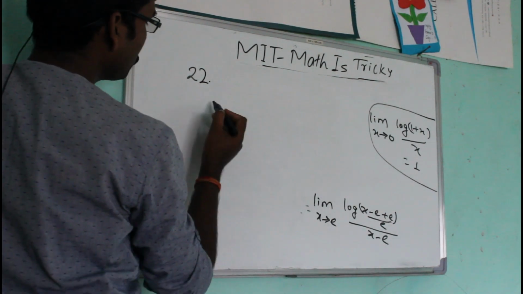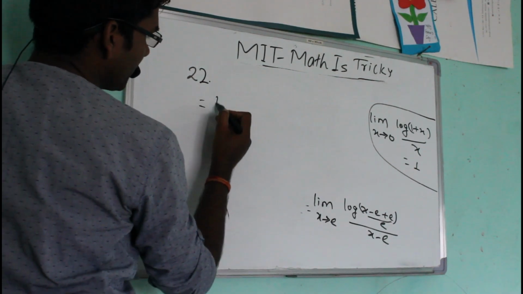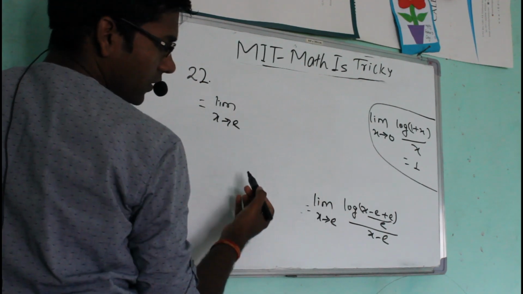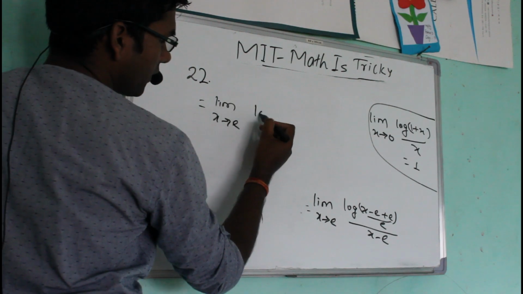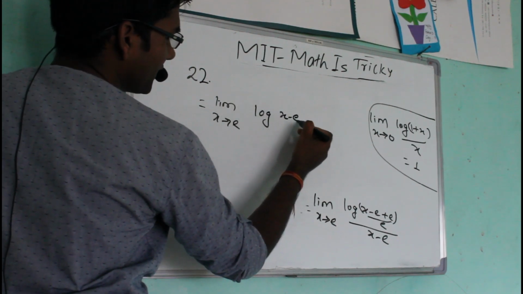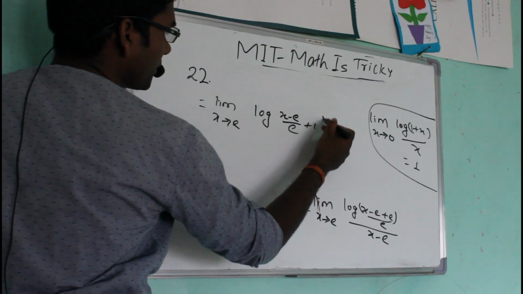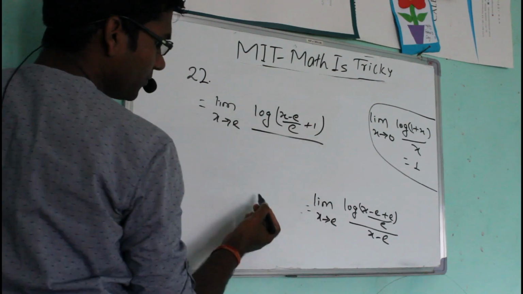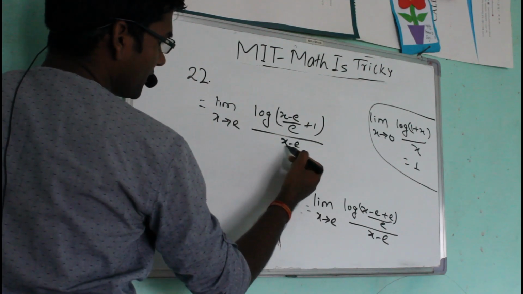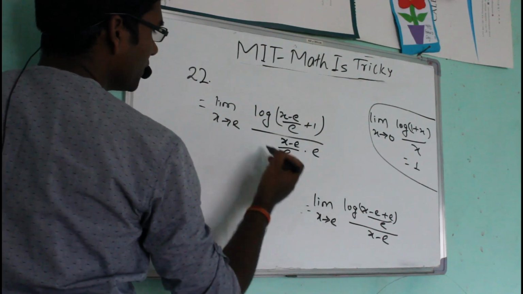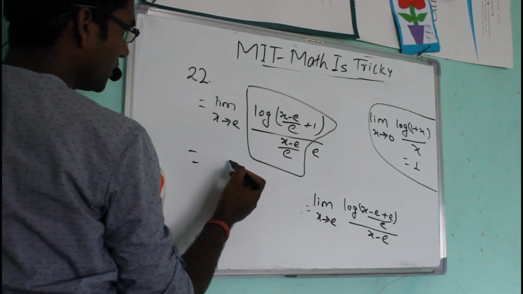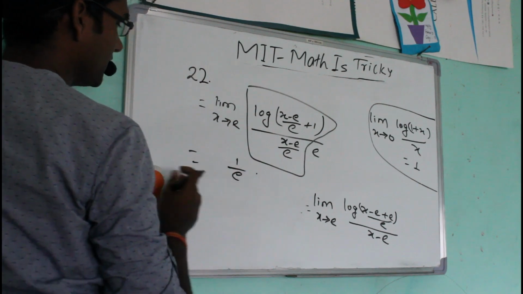If we simplify further, we'll be getting x tends to e, and then now it is log(((x minus e) by e) plus 1). Then in the denominator x minus e, so just balance this by e into e. So if you see carefully, this is going to give 1. So 1 by e is your answer.